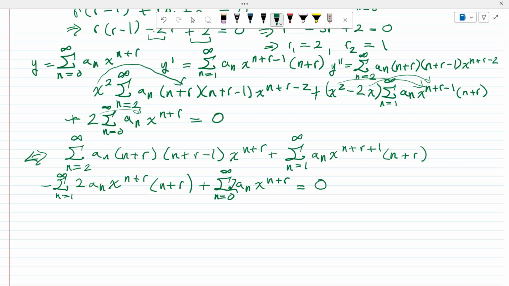And all of that is going to be equal to 0. Now we have this very long expression, and we're going to try to come up with a general solution for our an's.